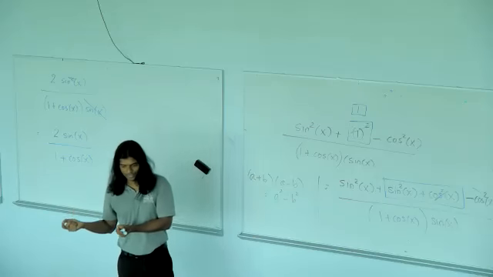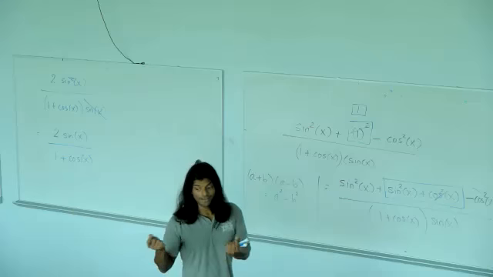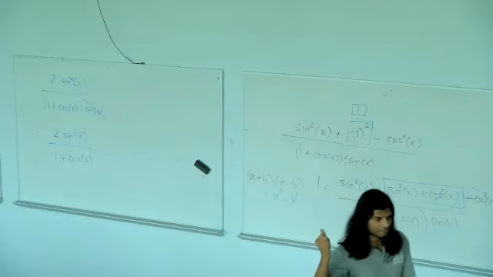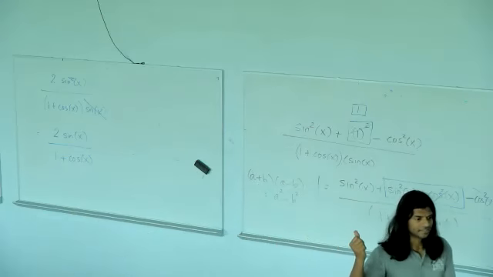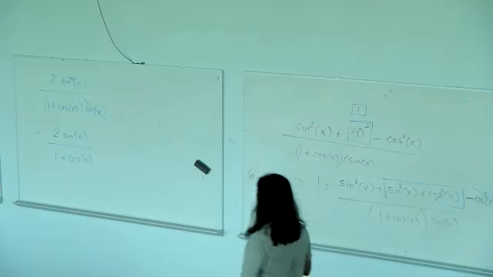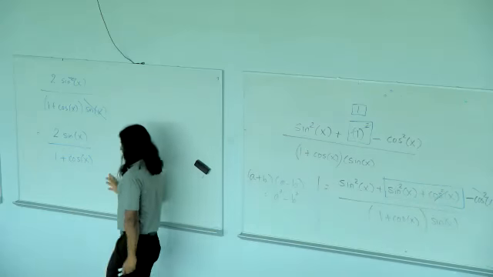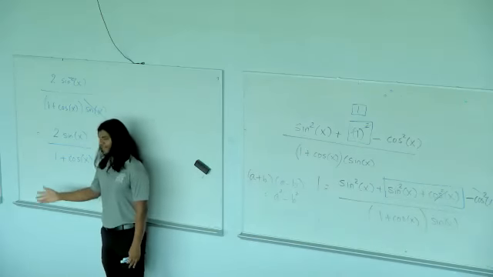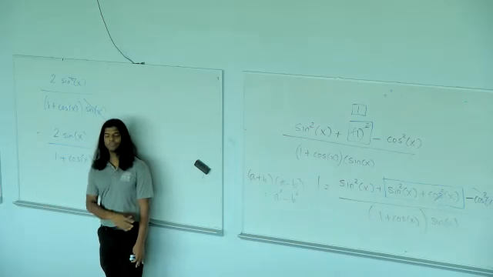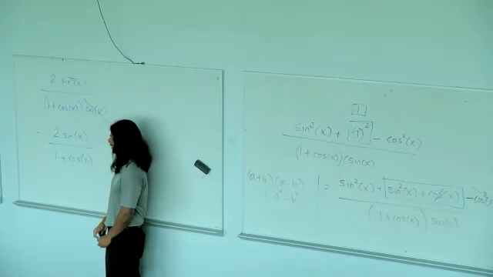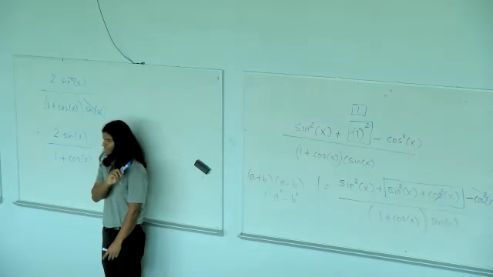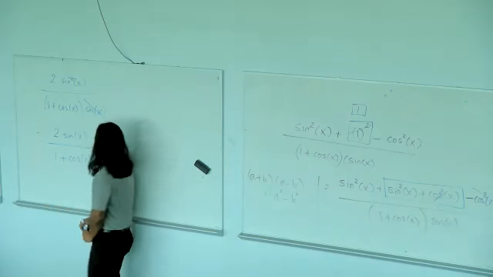No matter what value of x I give, I must get 0 for that expression to be true. Does it? Do you have a question? Okay. So this expression is not going to equal 0 for all values of x. So is the given expression true? No.